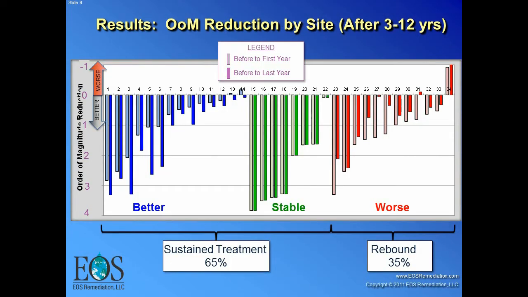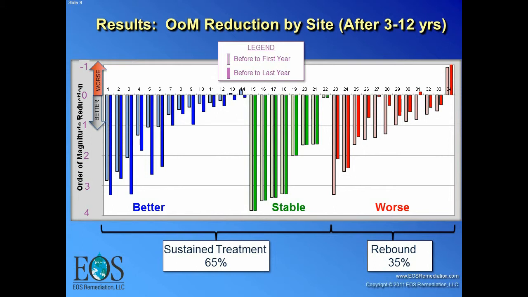Okay, so this is some of the results, and again, thanks Travis for sharing this slide with me. What you see here is the first bar is the reduction that occurred in the first year after treatment, and the second bar, the darker color, is the last year of treatment.